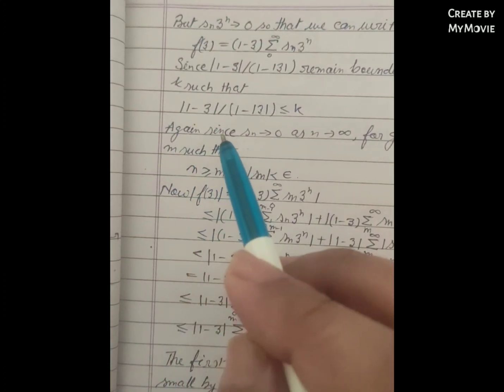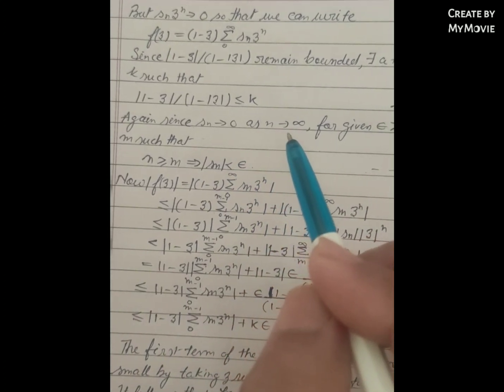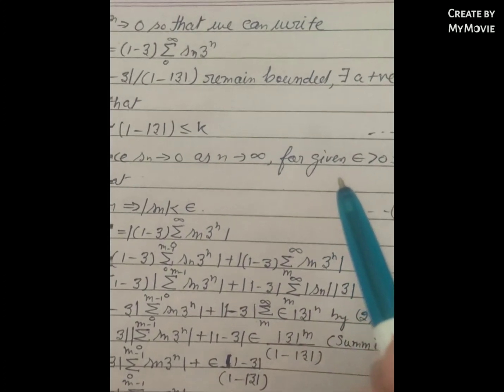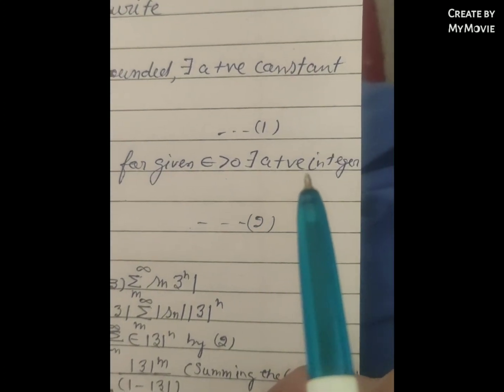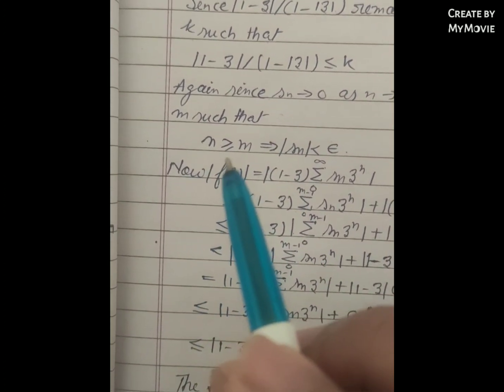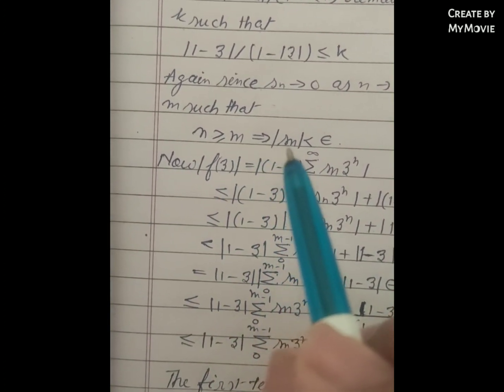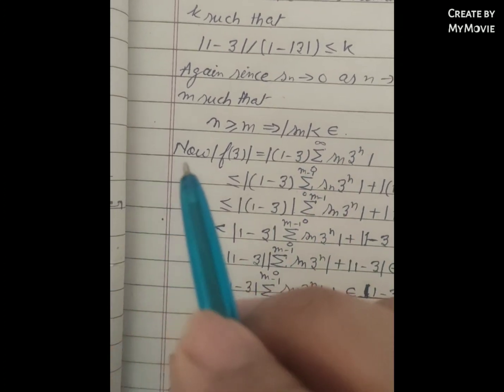Equation 1. Again, S_n tends to 0 as n tends to infinity, so for the given epsilon greater than 0, there exists a positive integer m such that n greater than or equal to m implies modulus of S_n is less than epsilon.